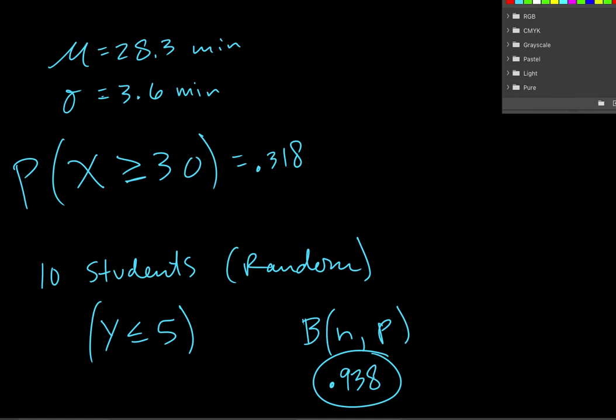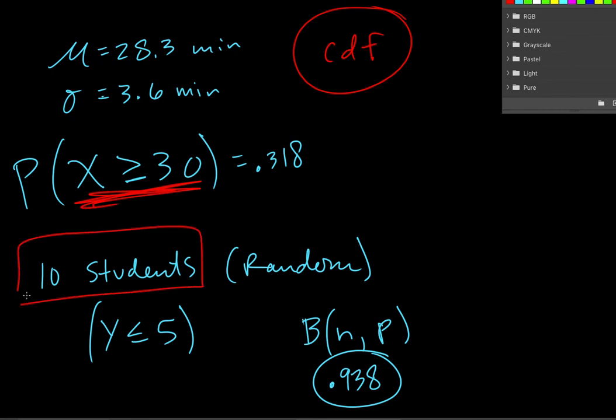Okay, so I just want to mention a couple things. So CDF, whether it's binomial, normal, whatever, refers to when we're looking at a range of values. Okay, and so that's why we've been using CDF. And then binomial is when we have a set number of participants that we choose from, and then we want to know 5 or less, or 5 or more, or something like that.